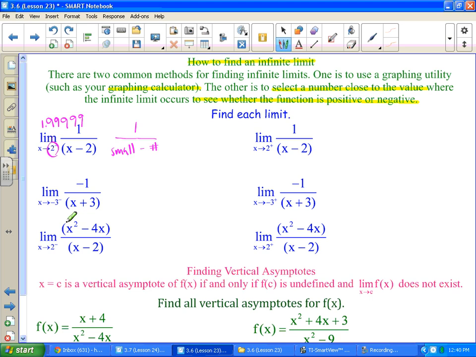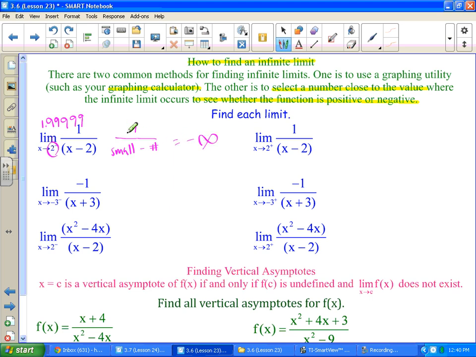Isn't it going to get infinitely large? A number over something super small. Isn't it going to be really, really big? And the smaller I make this, the bigger it's going to get. So it's going to go to infinity, right? Now, is it positive or negative? Negative.